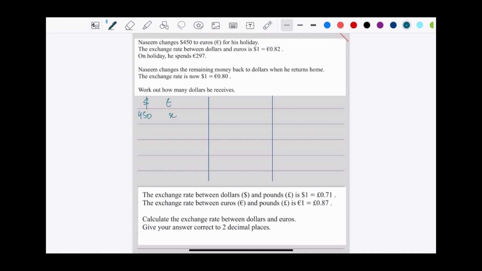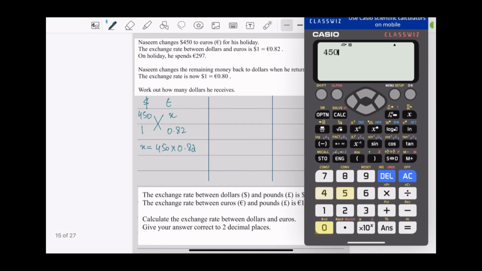The rate is that $1 is for 0.82 euros. So first step, let's find out how much he's going to get. So x is equal to 450 times 0.82. So x is equal to 369 euros that he receives.